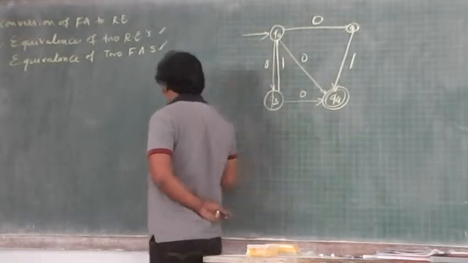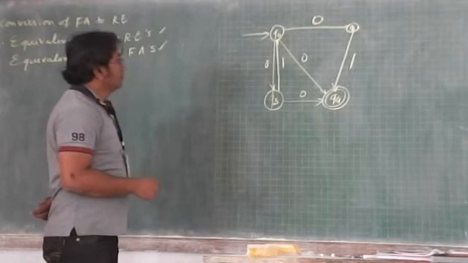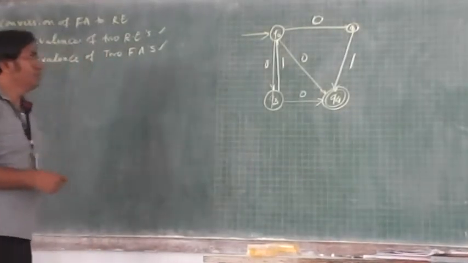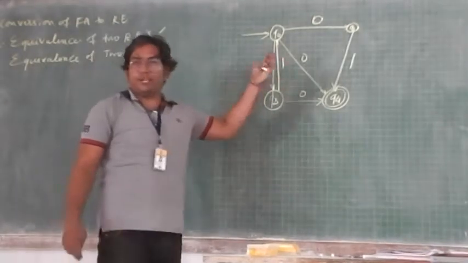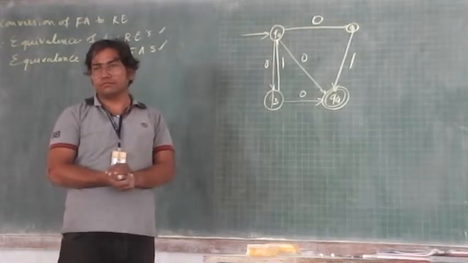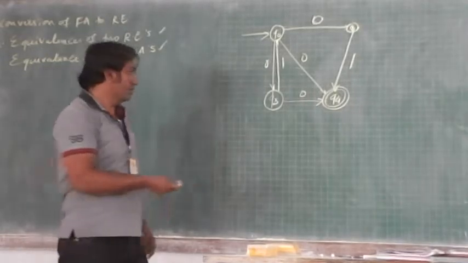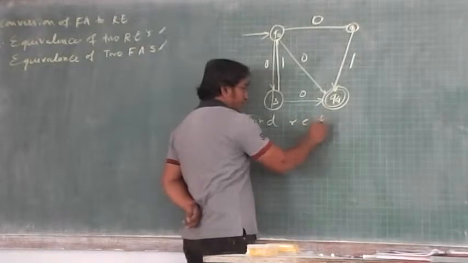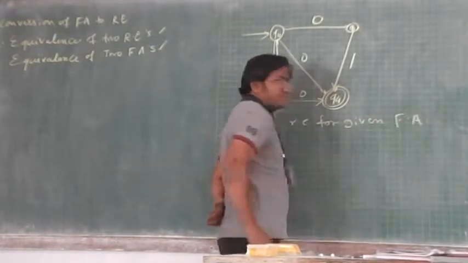So this is a random finite automata that I have prepared for the symbols 0 and 1. In the examination, this much of a diagram will be given to you. The finite automata will be given and you will be asked for the regular expression of the given finite automata.